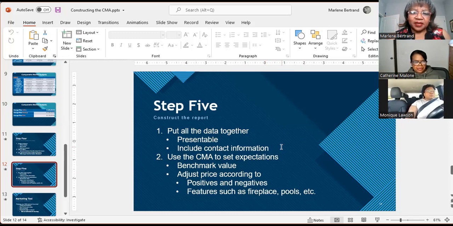So the CMA is basically used to set your client's expectations. It's just a starting point. You're gathering this information so that you have a place to start, adjusting according to the positive and negative aspects of the property.